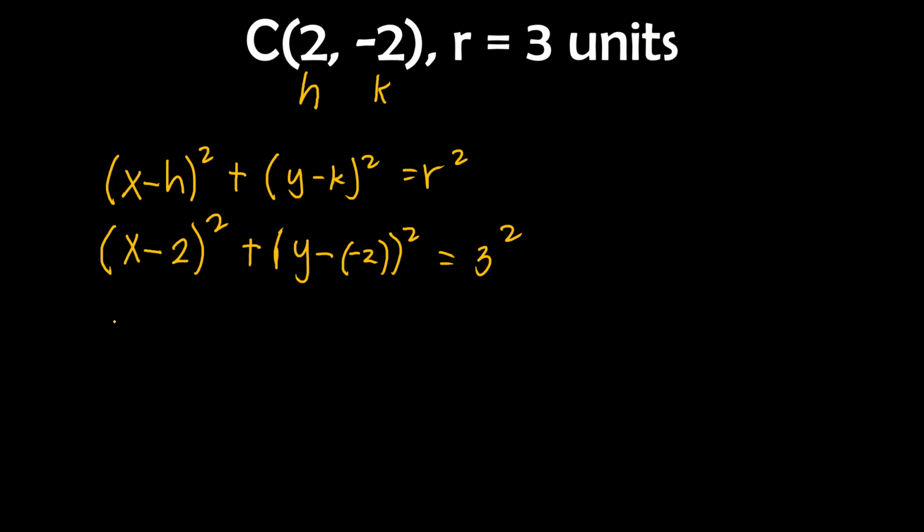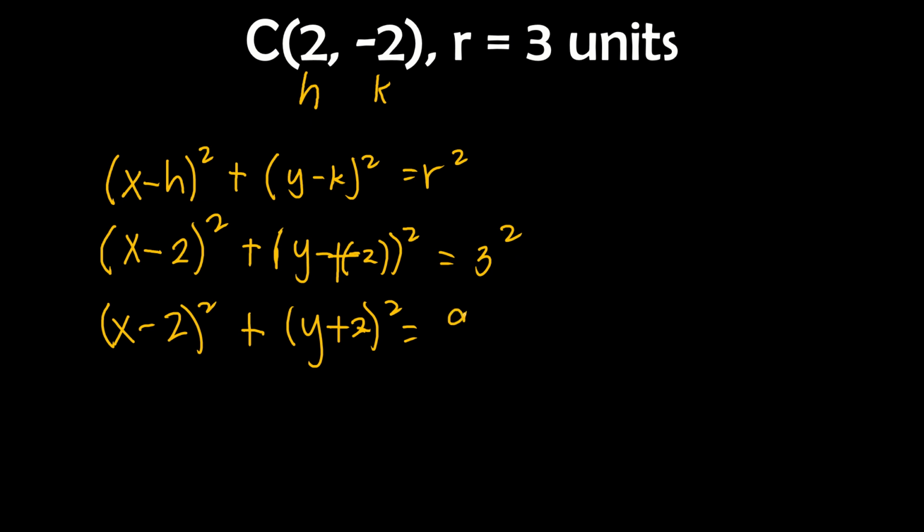So we have, this is, as is na po, x minus 2 squared plus y. Negative times negative. So diba ito ay magiging positive na? So we have y plus 2 squared is equal to 3 raised to 2. That is equal to 3 times 3.